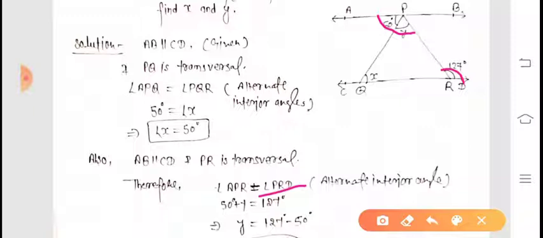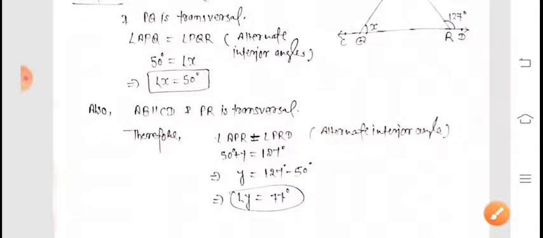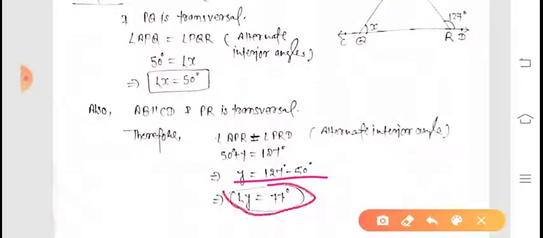So therefore this angle is 50 plus y equal to 127. Therefore y equal to 127 minus 50 equal to 77.